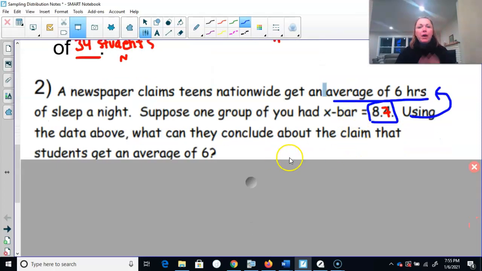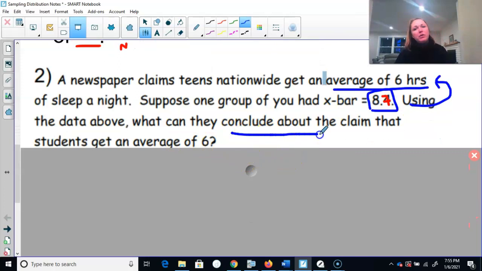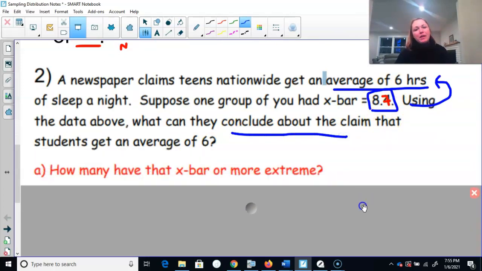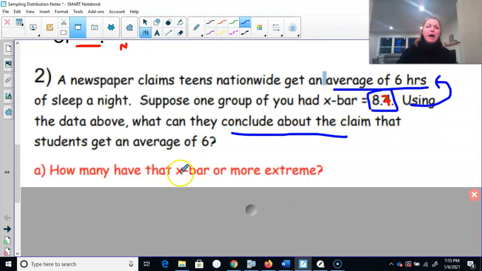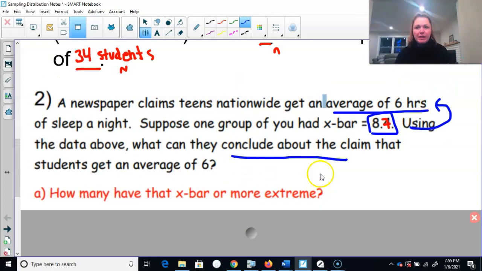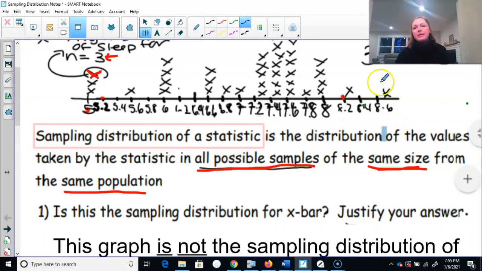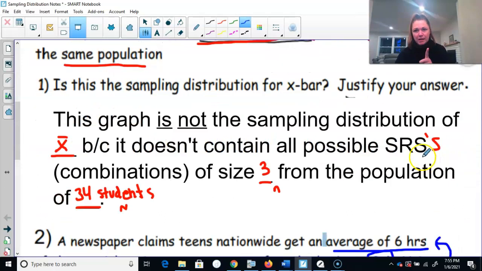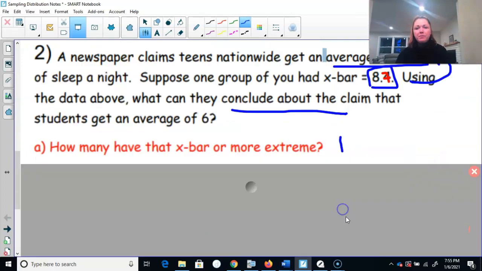Let's move on. How do we conclude about a claim based off some evidence? The first thing we want to do is say, how many have that X-bar or more extreme? How many have that statistic or more extreme than that statistic? At 8.7, there's only one that is that value or more extreme, okay? So 1.